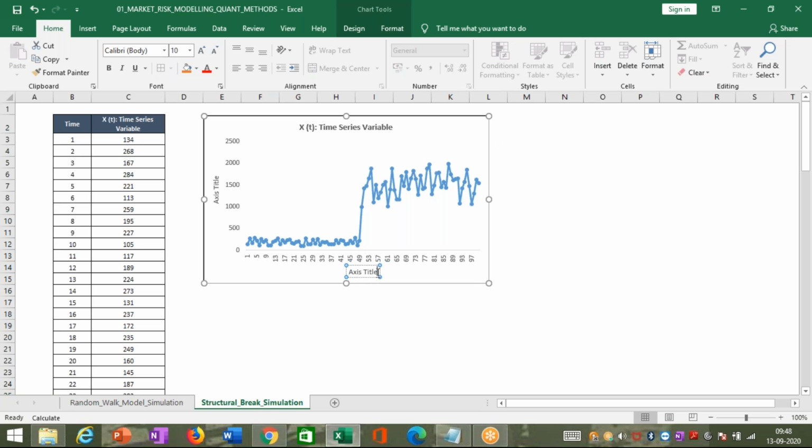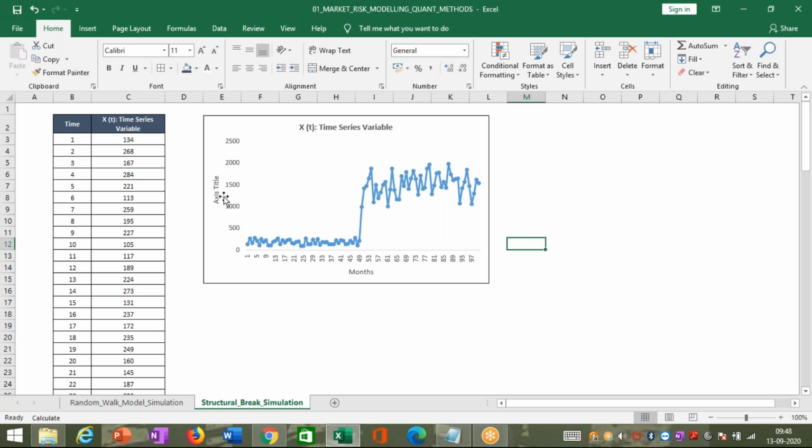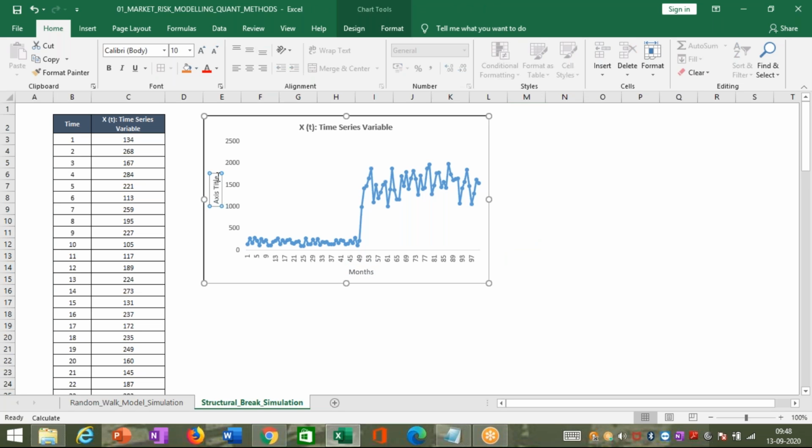So this is the months and this is XD. That is the time series.